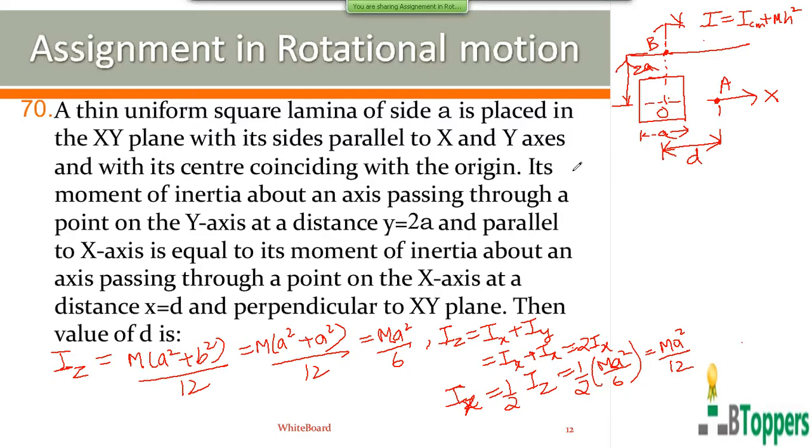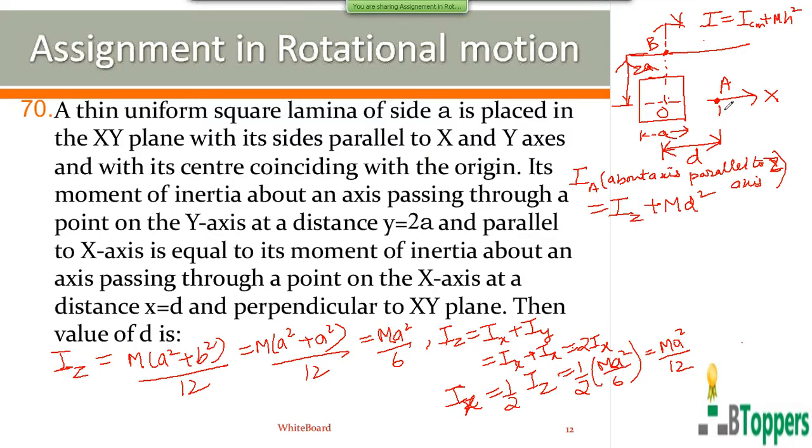So the moment of inertia about the axis passing through the point A and perpendicular to the xy plane, that means parallel to the z axis, will be the moment of inertia about the parallel axis passing through its center of mass, plus md square.